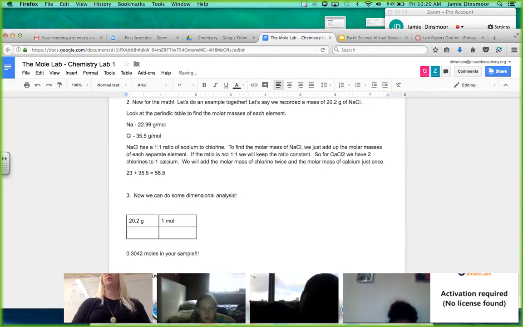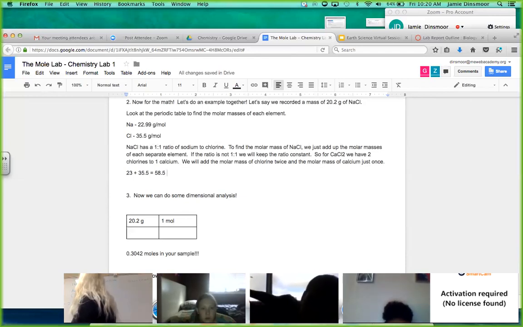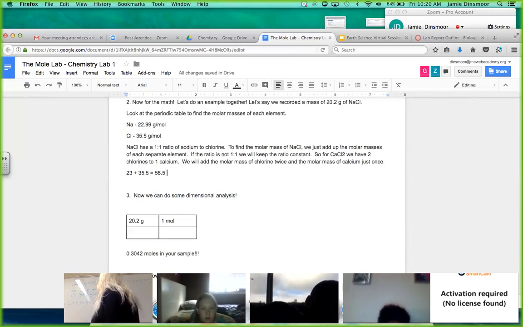And what units are these? Does anyone remember? It's grams per mole. So we just found out that we have 58.5 grams per mole in sodium chloride.